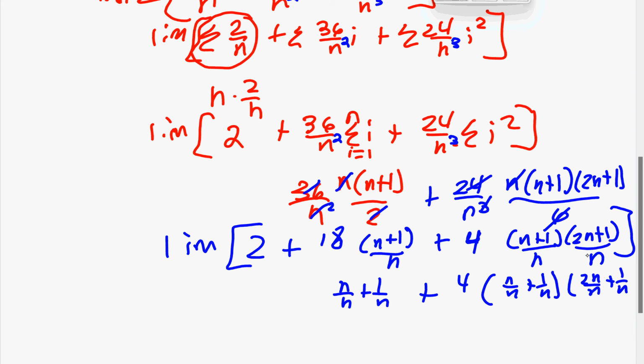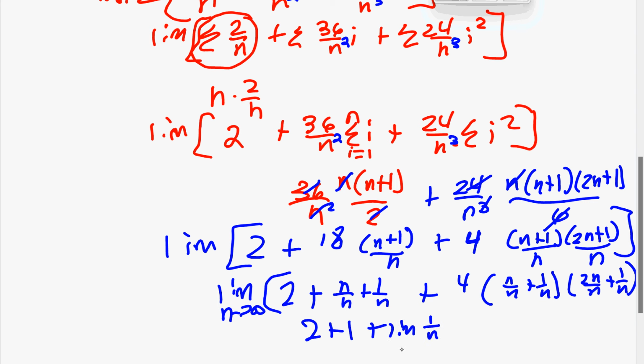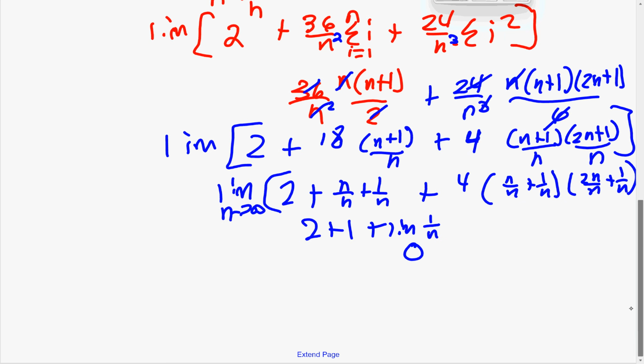And why I need more n's eventually on bottom is for when I take the limit of these as n goes to infinity, these ones are going to go to 0. n over n is just 1, right? But when I take the limit of this one, that's going to go to 0. Okay, so then I'll just get 2 plus 1 plus 0. And then this one, I get times, and this will be that.